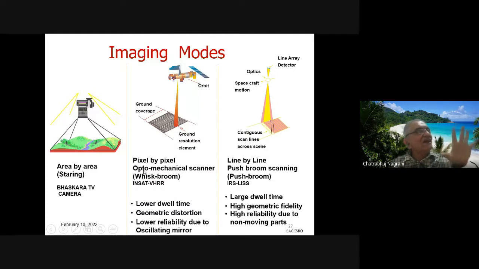And our VHRR on the INSAT series, which I told you about, is a very high resolution radiometer that takes a picture of the earth every half an hour. It is this type of sensor, but its satellite is not moving, so we have to move the mirror in two directions. Take one picture in the east-west direction, then move the mirror a little north or south, depending on how you are taking the picture, and take another strip.